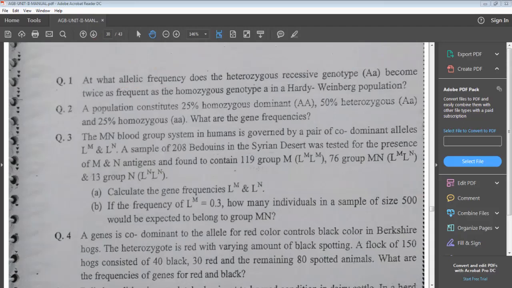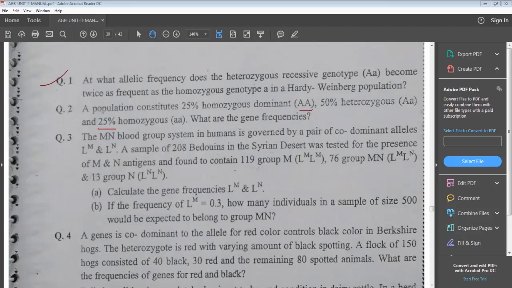The population consists of 25% homozygote dominants, 50% heterozygotes, 25% homozygote recessives. Okay, the thing which I had told you here, you can just say that it is the calculation for that. Okay, what are the gene frequencies?